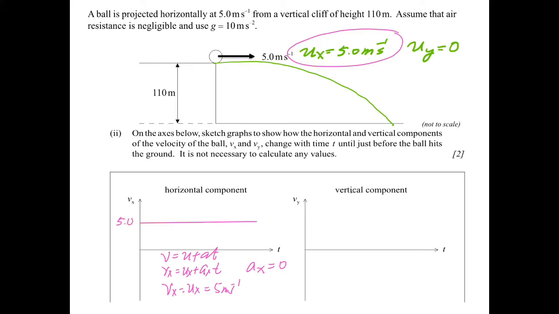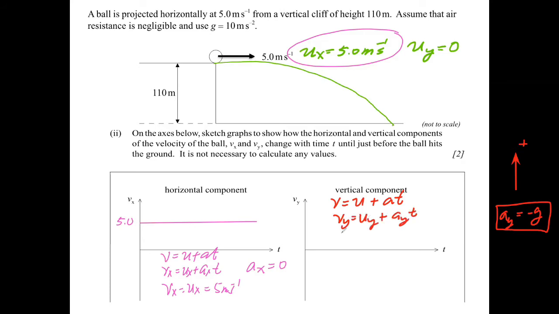Let's write down the velocity formula again. V equals u plus at. Let us choose upward as the positive reference. Acceleration due to gravity in the y component is minus g. Y component: Vy equals uy plus ay t. Let's substitute values.